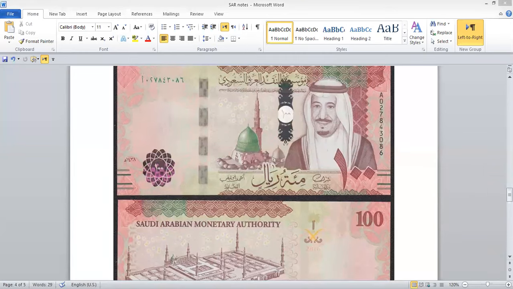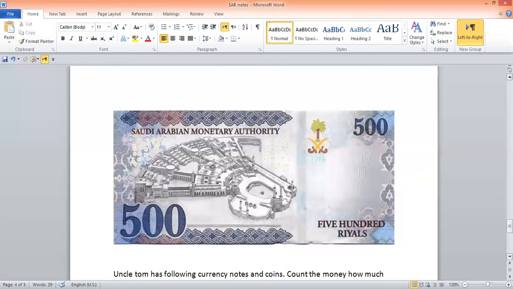Now go to the next. Yes, guys, can you identify this currency note? This is a currency note of 500 real. It's written here 500. Okay, it is 500 reals.